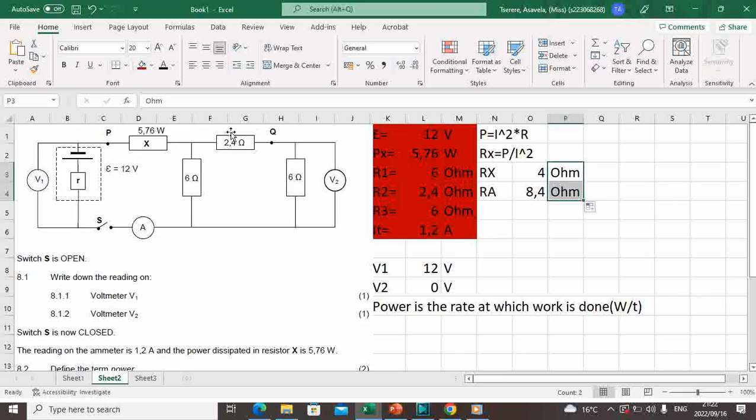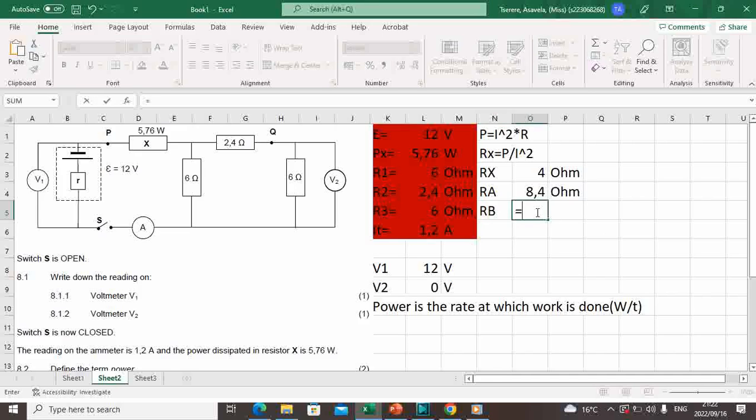Okay, and these two resistors are in parallel with this resistor, which is 6 ohm, and we named this resistor R1. Here it is. Let's say we name this part RB.